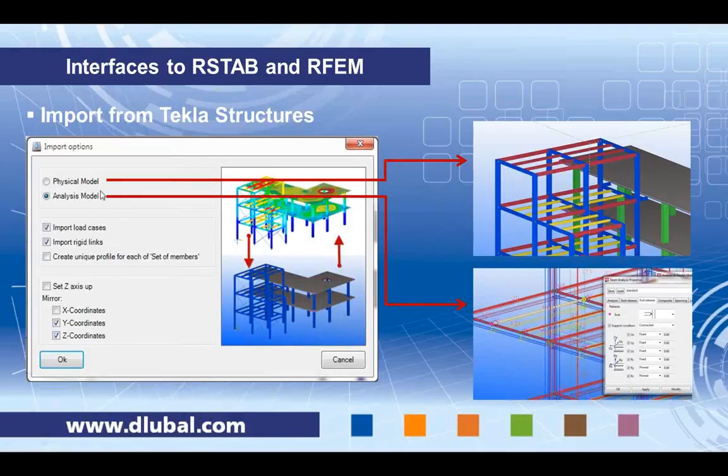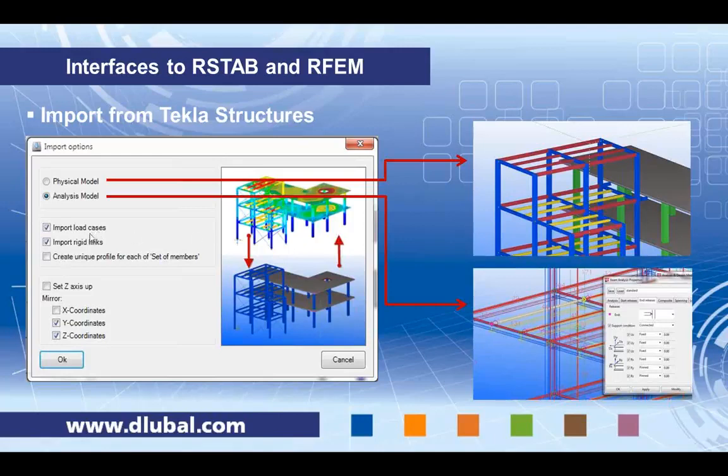In normal cases, we will retrieve this analytical model from Tekla Structures, and if it's set up correctly, we do not have to do a lot of work inside our software. We can basically get the ready model for analysis directly from Tekla Structures.